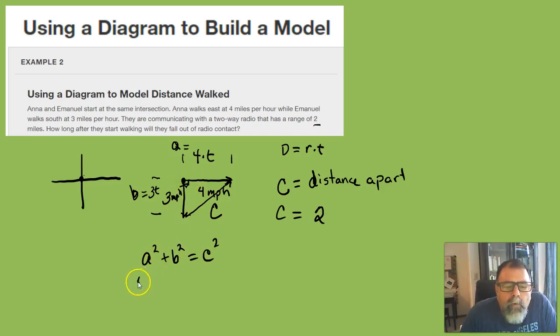So we get (4t) squared plus (3t) squared equals c squared. We're going to plug in 2 for c. So 16t squared plus 9t squared equals 2 squared, which is 4.